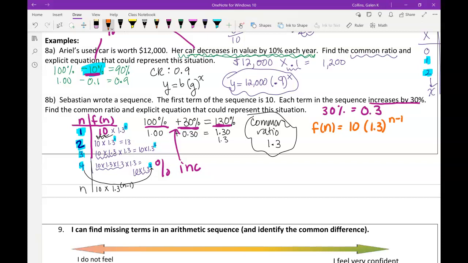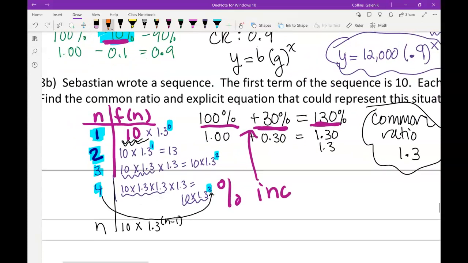But there's one other way that we've seen this in class, and it doesn't always make sense in the context of the problem. What if I found f of n when n is 0? I'm going to erase this to make another spot in my table. So what if I go back and add a spot for n to be 0, which in a sequence doesn't make sense.